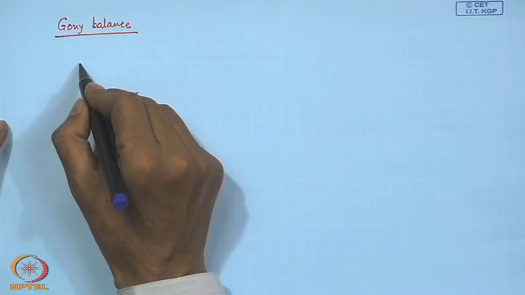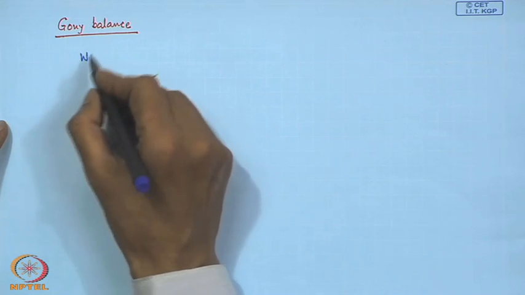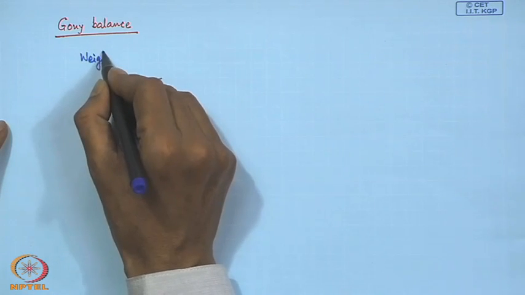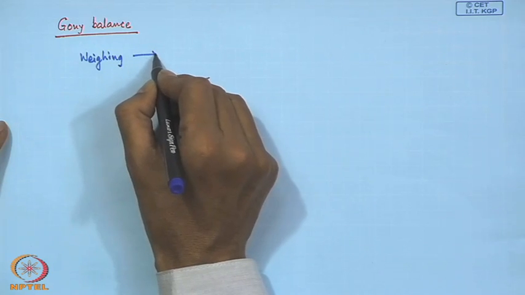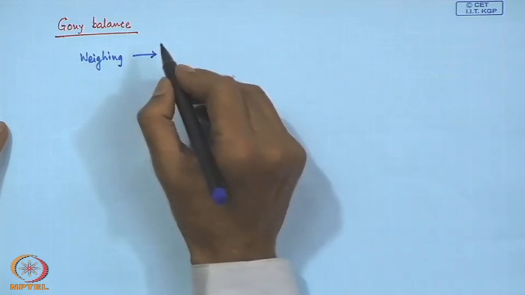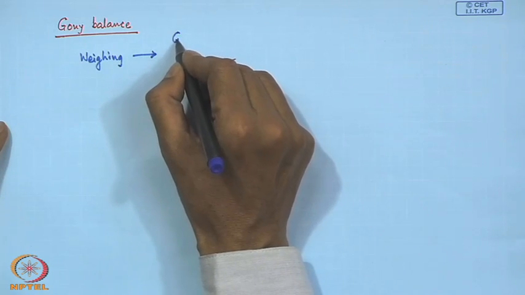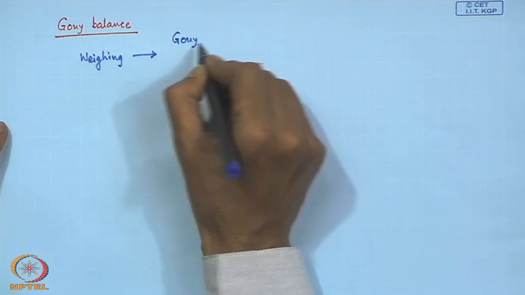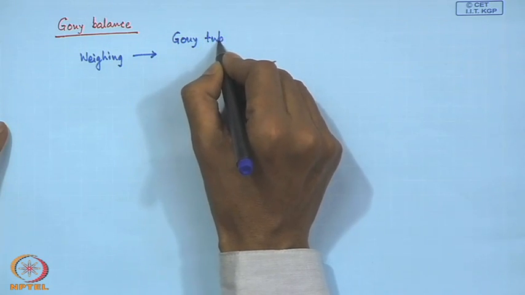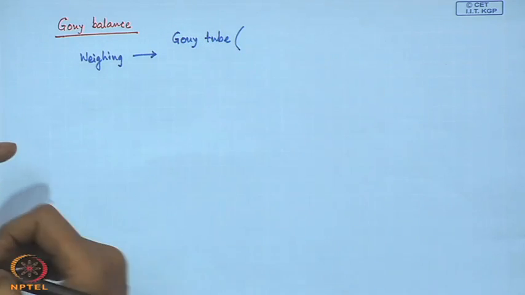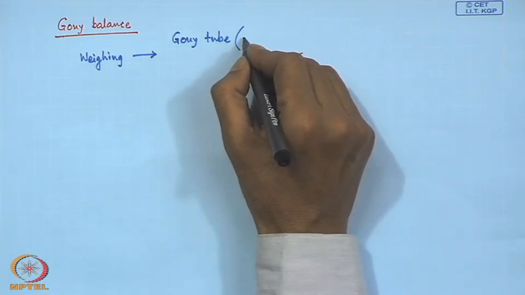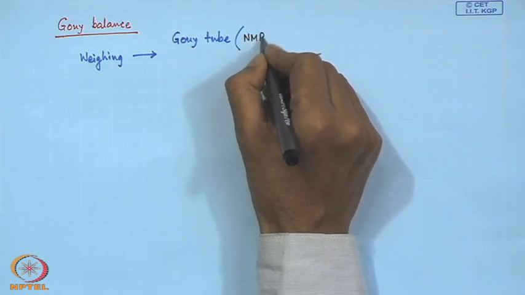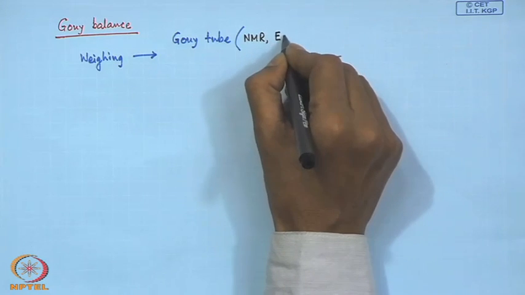It is nothing but the weighing of the sample, and there are several steps. We can have a very small Gouy tube, which is very much similar to the tubes we use for NMR measurements and EPR measurements.